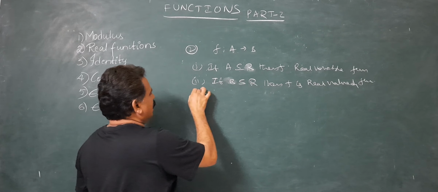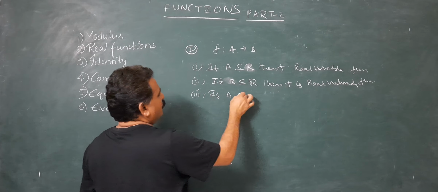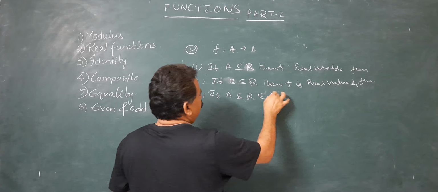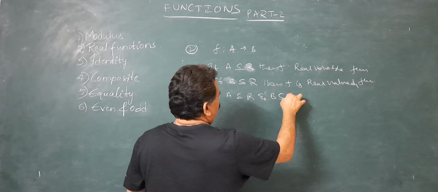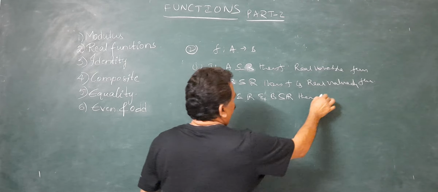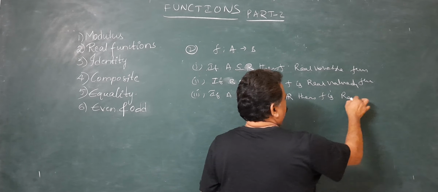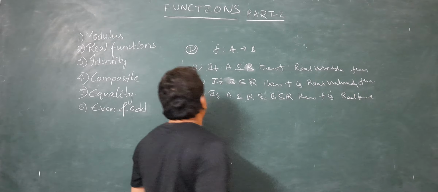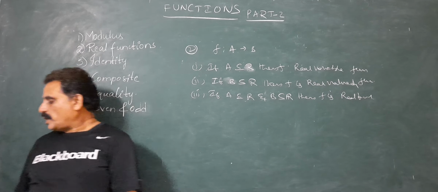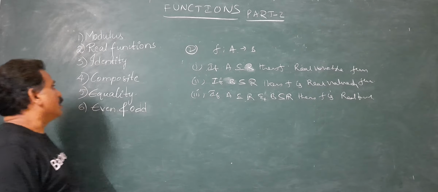Third one, if A is a subset of R and B is a subset of R, then f is called a real function. Real function. This is the second point, that is the real function concept.